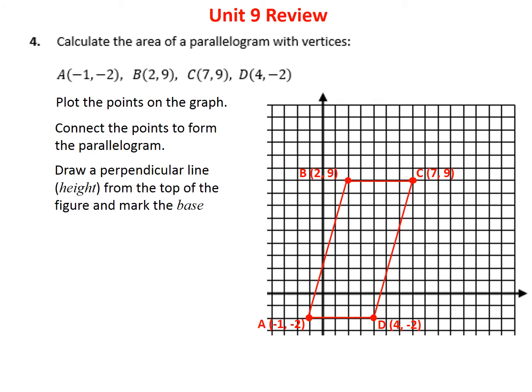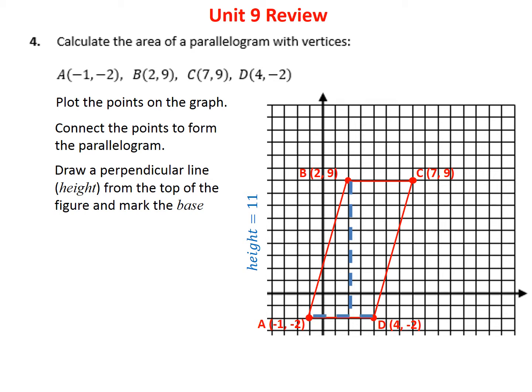Now we just need to remember that the area of a parallelogram is base times height. So I need to draw a perpendicular from the top to the bottom, and I can just measure that. The height, if I count the squares, is 1, 2, 3, 4, 5, 6, 7, 8, 9, 10, 11. Or if I wanted to do it with the numbers, I could use the y coordinates. 9 minus -2 is 11.